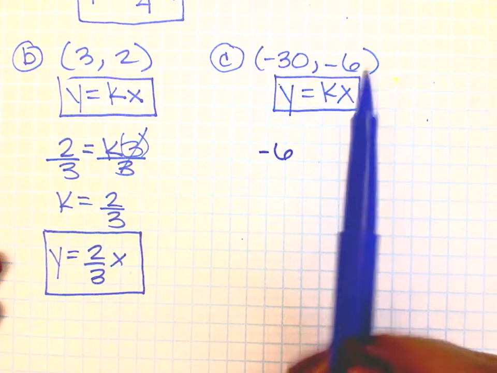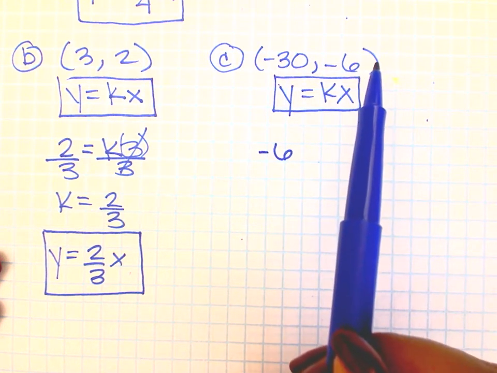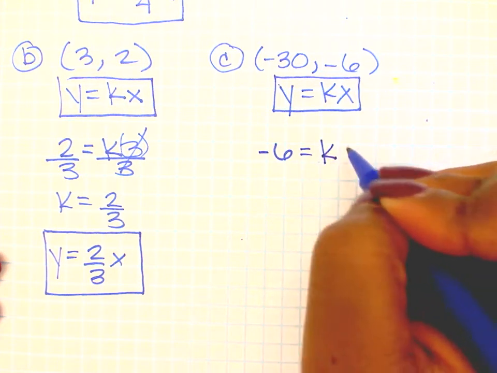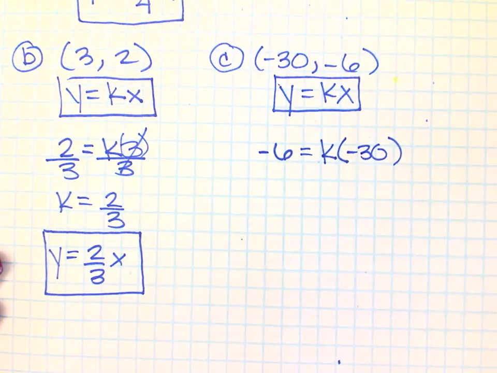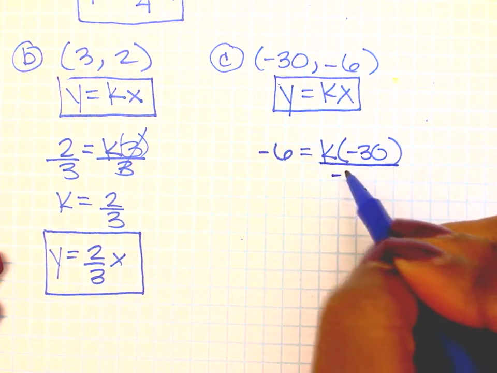Now don't make the mistake of plugging in x. Make sure you plug in y first, which is the number on the right-hand side. Equals k, which I don't know, times negative 30, which is x. I need to get k by itself, so I'm going to divide by negative 30 on both sides.